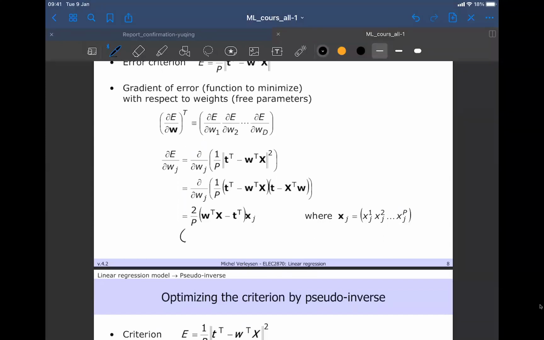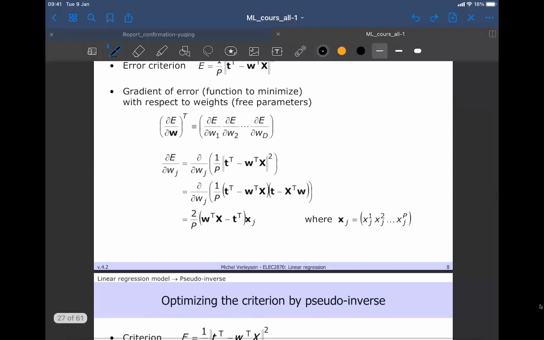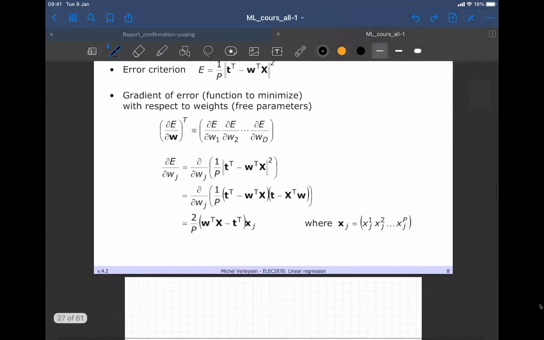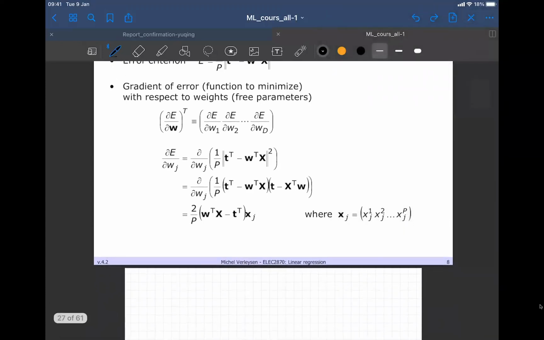Let's say I want to know what my gradient is. Let me give you an example, because it will be helpful for the little homework. I have a simple model that wants to predict the blood sugar level, some target, in function of the age.